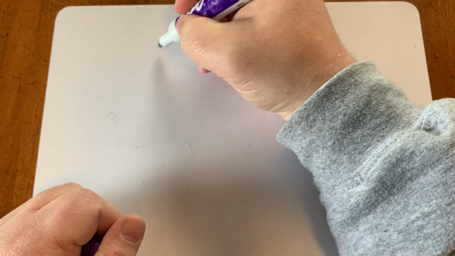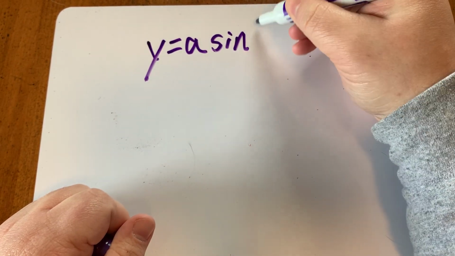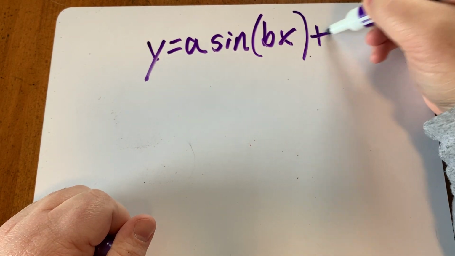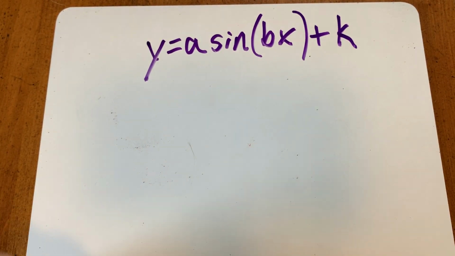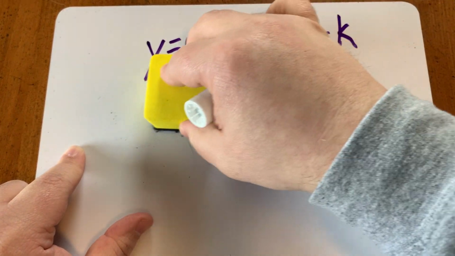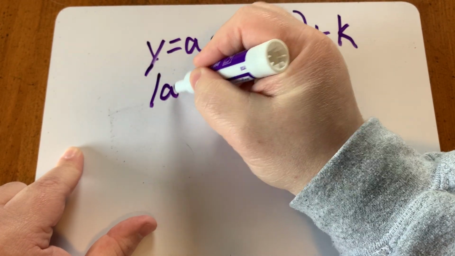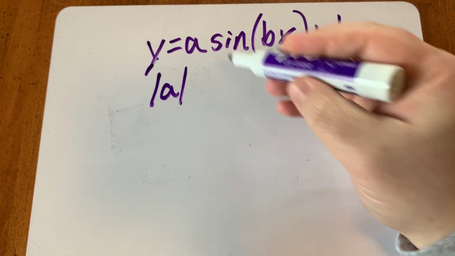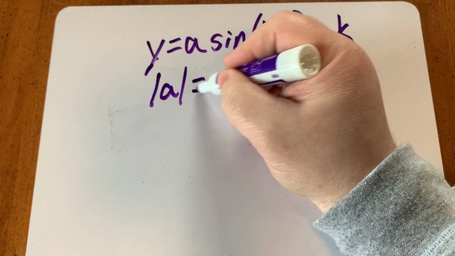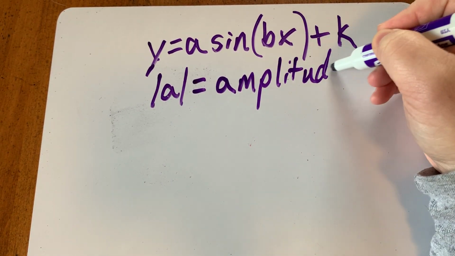So let's just break down everything we have in a sine or cosine equation. Everything we've talked about comes from here. The first manipulation comes from A. The absolute value of A is our amplitude.